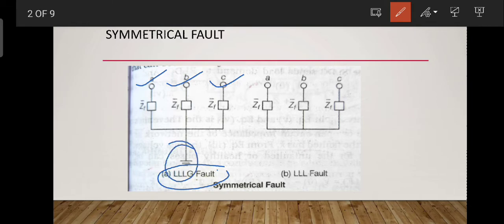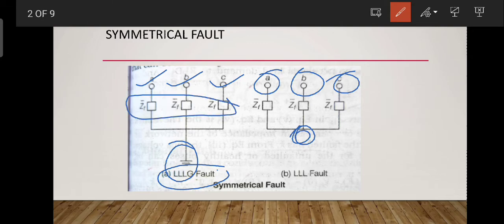A fault occurs here when the three lines contact each other at a point and it falls on the ground, then it is called a line to line to line to ground fault, a symmetrical fault. Or when three phases are connected with a common point, then this fault is called a line to line to line symmetrical fault. Those are our fault impedances.